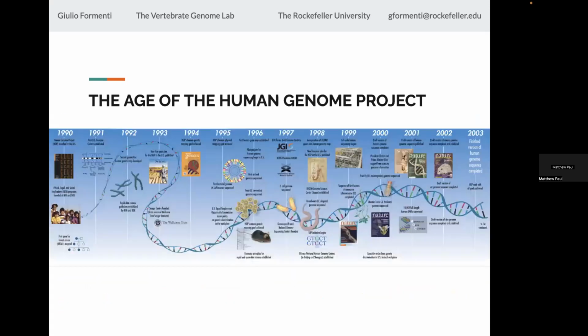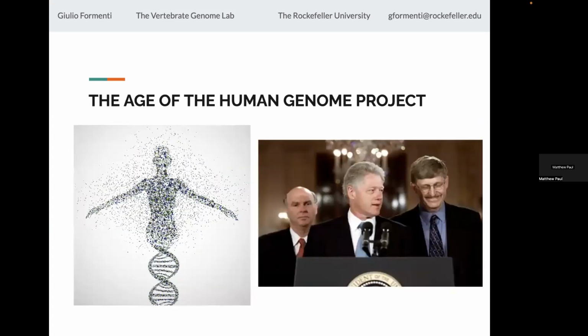Okay, so what is really leading us into what's called next generation sequencing is the 90s with the Human Genome Project. At the end of the 90s, you have in 2001 the first draft of the human genome, with Bill Clinton having Craig Venter on the left and Francis Collins on the right, announcing it at the White House.